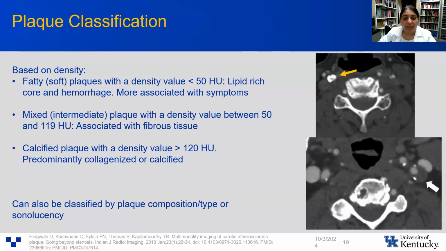Soft plaques, if you measure the density on CT scan, will be less than 50 Hounsfield units, whereas plaques with heavily calcified walls will have a density of more than 120 HU. But most of the time, we don't actually measure these HU values. We use it visually and see, hey, this is a heavily calcified plaque, or a calcified and mixed soft plaque, or a totally soft plaque. There is also a sonographic classification of plaques, but this is beyond the discussion of this current talk. There are a lot of details we can go into on plaque morphology.